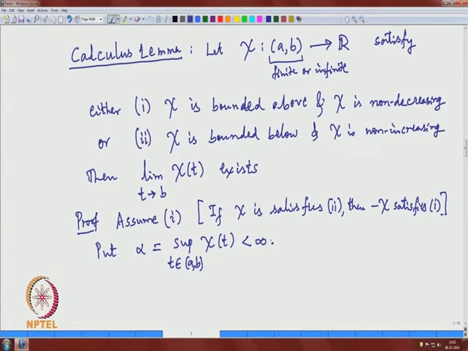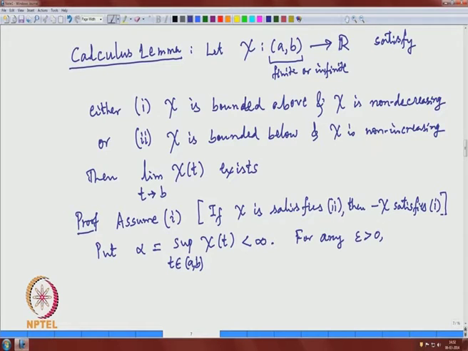Okay. So, for any epsilon positive, we are now going to show that the limit exists. If you consider alpha minus epsilon, alpha minus epsilon is not the supremum of chi. So, therefore, there is at least one point in the interval where alpha minus epsilon will be strictly less than chi(t0).